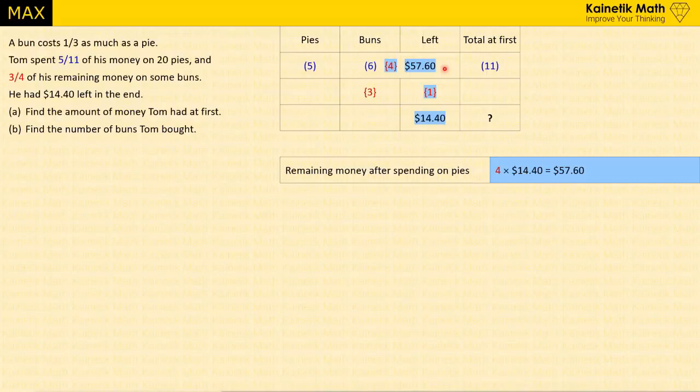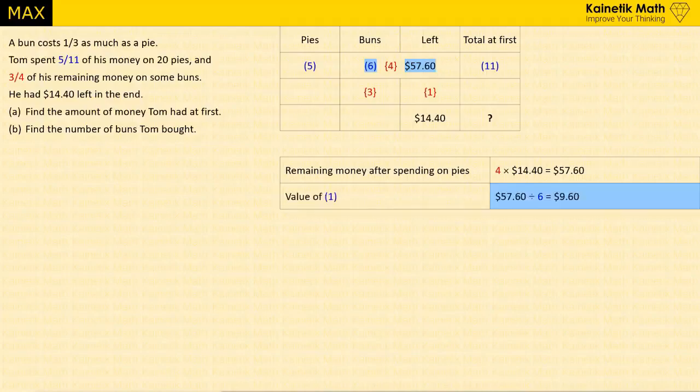All right. So since 1 unit is $14.40, to find 4 units, you just take that times 4, you get $57.60. All right. Then you can find what is 1 part. Okay, because 6 parts is $57.60. That means 1 part in blue, we just take 5760 divided by 6, so that will be $9.60.